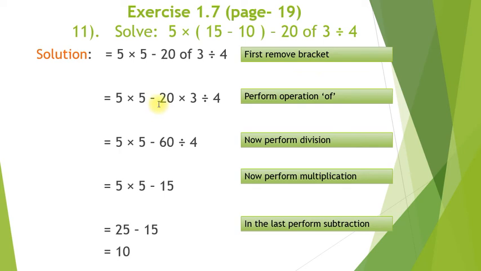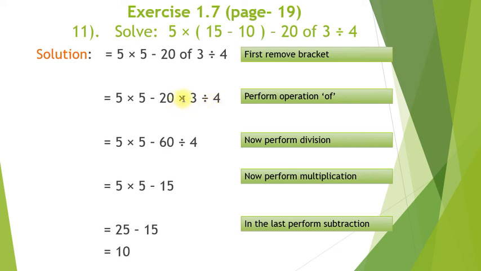The next operation is the OF operation, and you all know that OF means to multiply. So we will replace this OF by the multiply sign. We have 5 multiplied by 5 minus 20 of 3, that means 20 multiplied by 3 divided by 4.